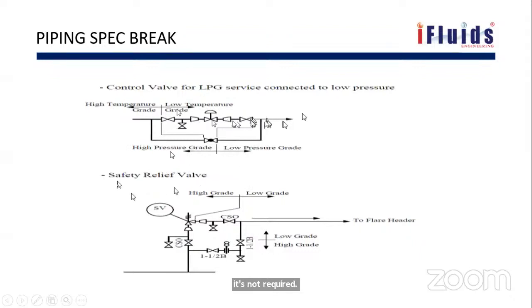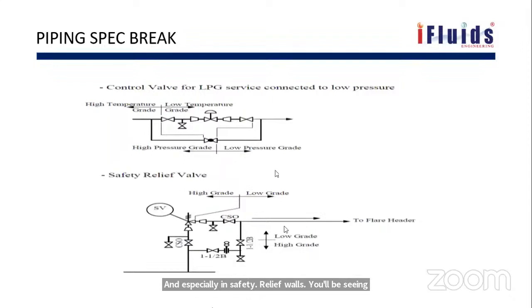And especially in safety relief valves, you'll be seeing this, because safety relief valves relieve to a flare header or a common header where all the PSV discharges are collected, where the pressure will be much lower than the operating system. So now you need not provide high pressure rated pipelines or fittings in the flare header.